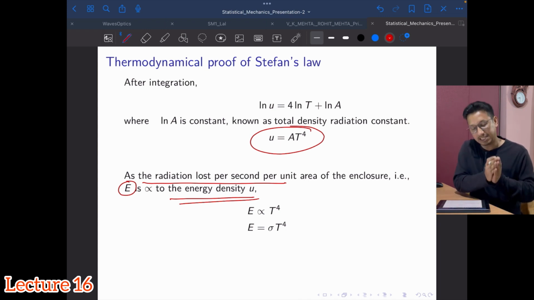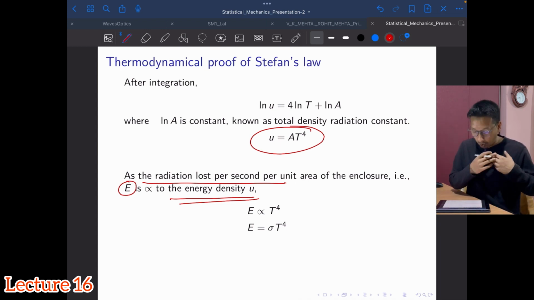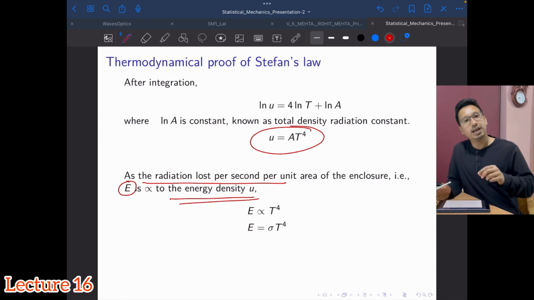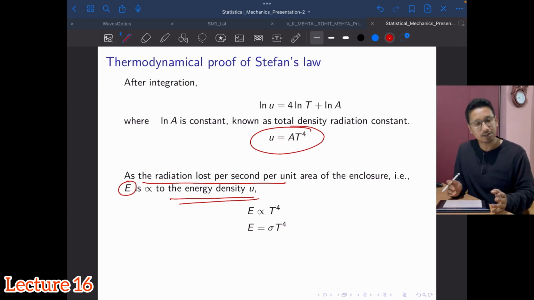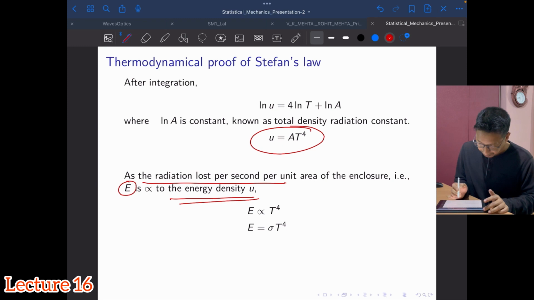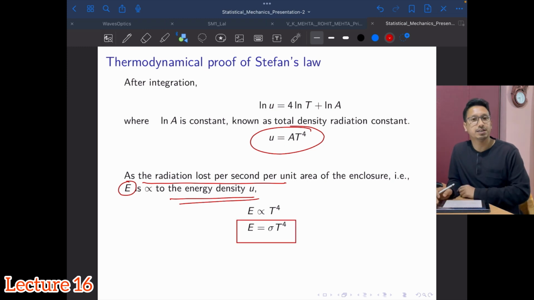Since energy density is related to the energy loss per unit area per second, E also has to be proportional to T to the power 4, and we know that this is Stefan's law, right? So that's how I have provided the thermodynamical proof for Stefan's law.